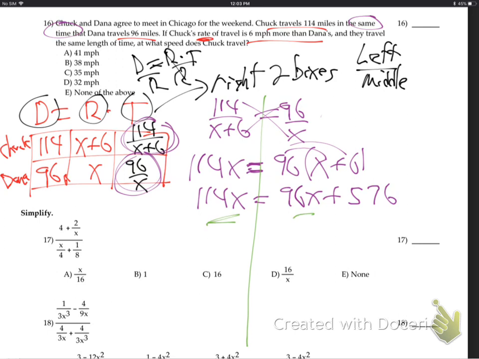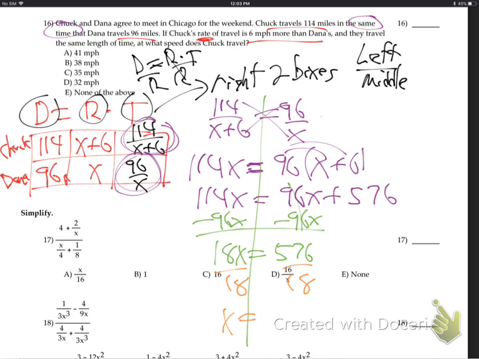But X is in two locations. Get rid of one of them, huh? Yeah. Subtract 96x from both. Gonzo. It's 18x equals 576. Last step. Divide by 18. Hopefully that's a nice number. 32. That's nice. So X is 32.